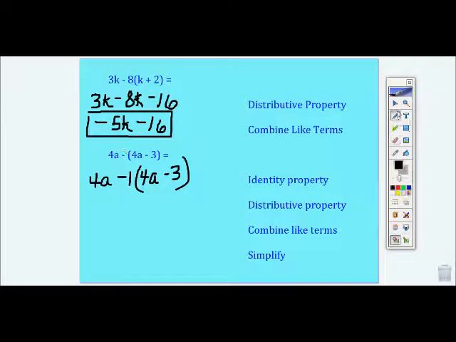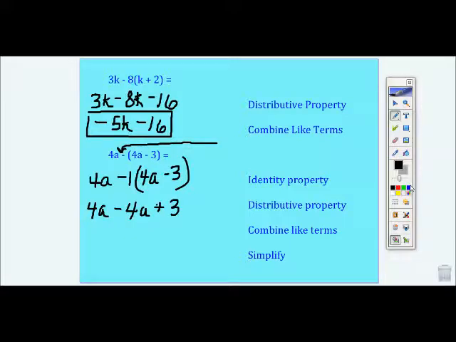The other way we can think about it, and we've talked about this before, is that this also means opposite. You're going to see what happens when I distribute that negative 1. The 4a will stay the same at the beginning. Now negative 1 times 4a would give me a negative 4a. And negative 1 times negative 3 will give me a positive 3.